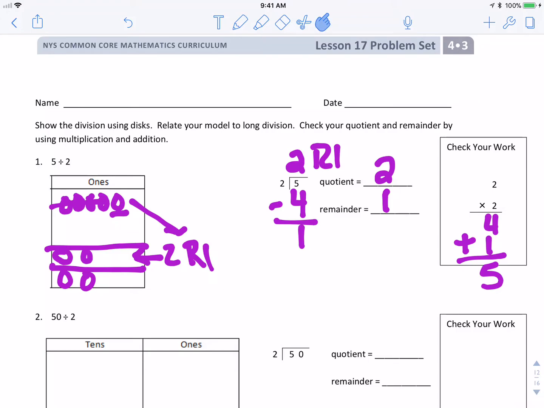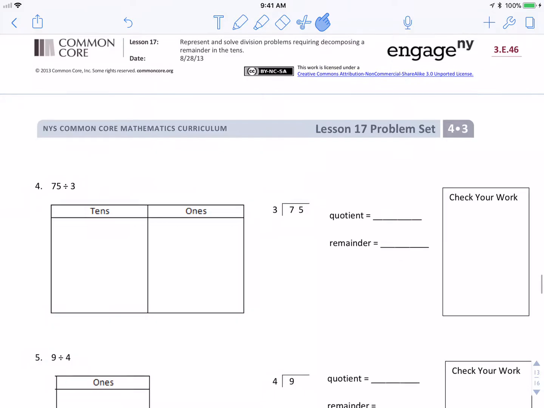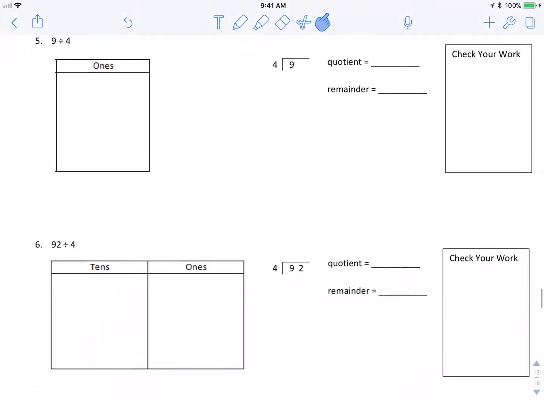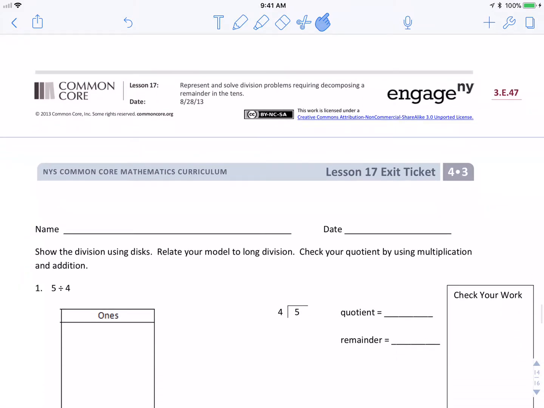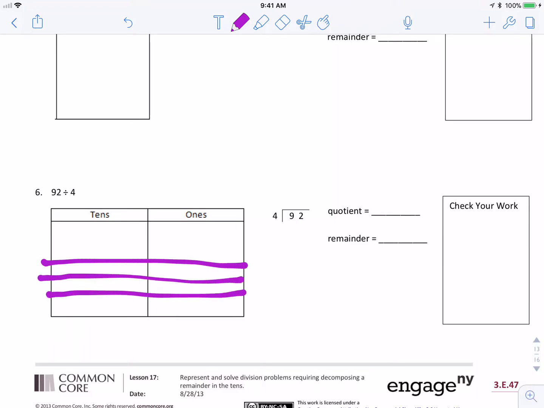I think this problem set is pretty easy. Let me look to see if there might be something that you might struggle with. Okay, just remember, if it's divided by 4, you have to have 4 spaces. 1, 2, 3, and 4.